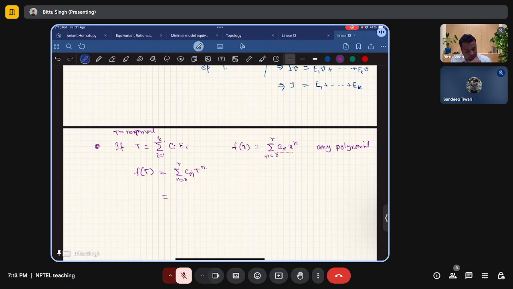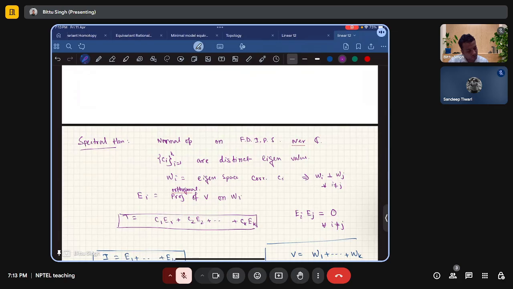But the interesting fact is that if we expand, this is the same as the sum of f(ci) Ei, where i is 1 to k, corresponding to distinct eigenvalues.